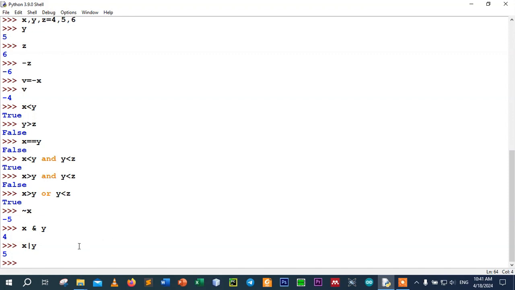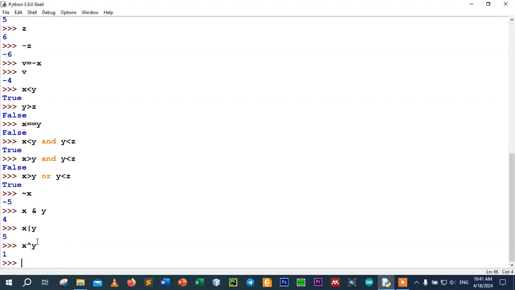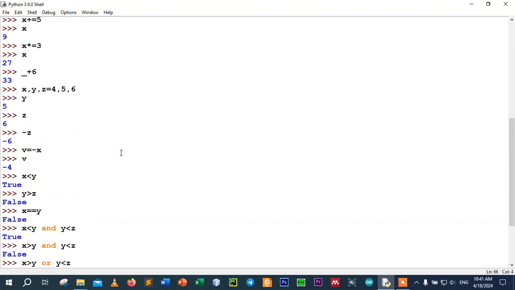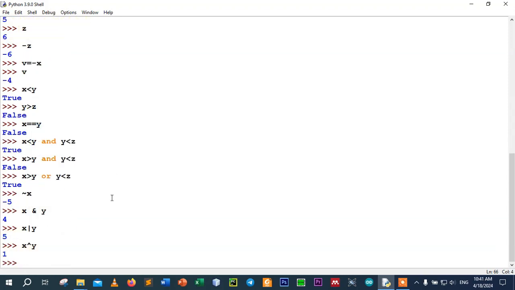Other one, XOR. x XOR y. The XOR sign is here. When the binary value of 4 is XORed with the binary value of 5, the result will be 1. It is the decimal value.